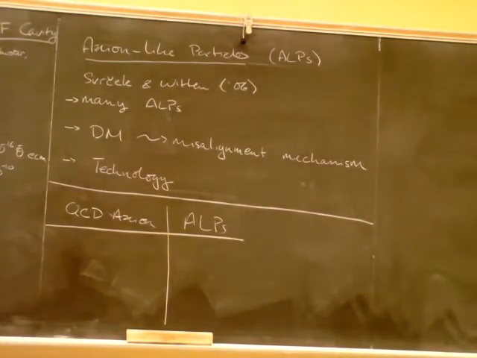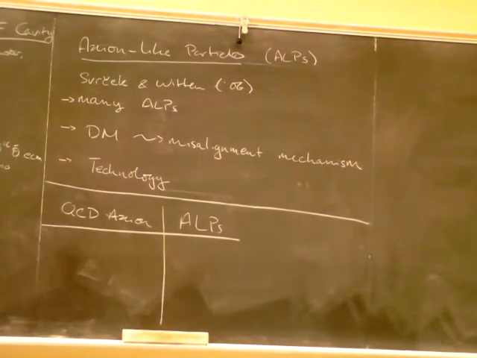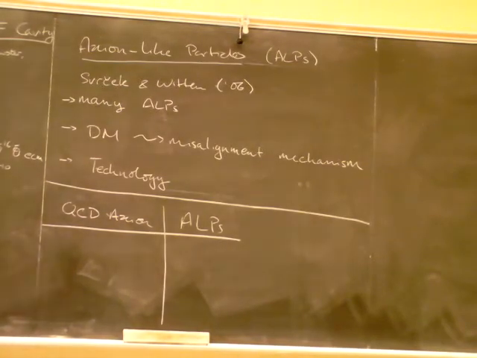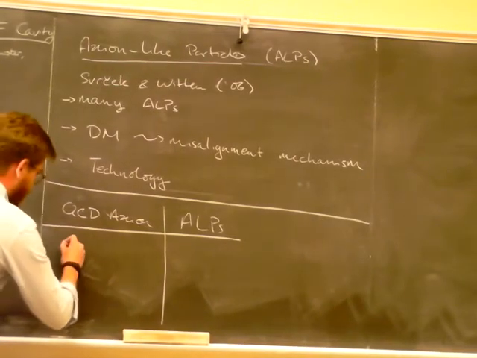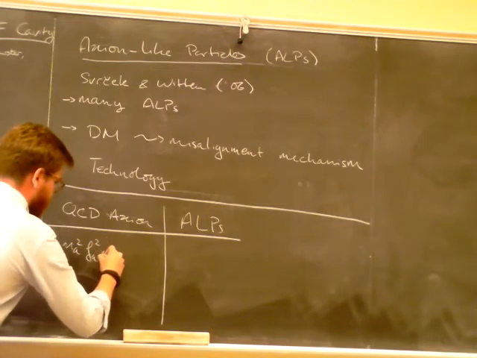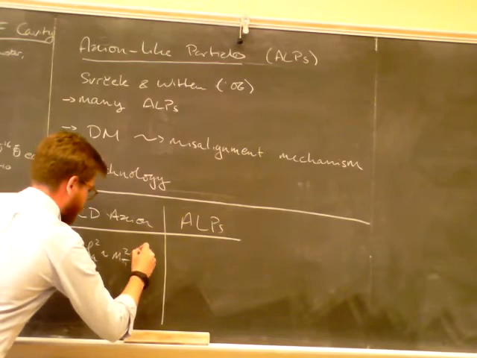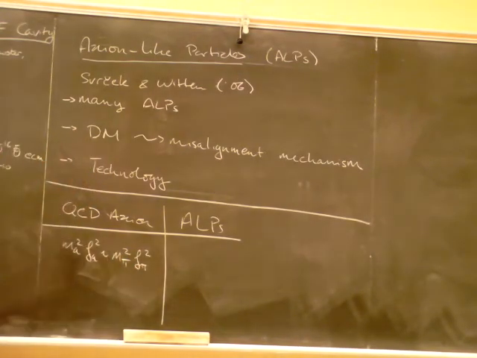The first thing, as you very thankfully pointed out, is the masses of these two particles. In the case of the QCD axion, because you require this particle to actually solve a particular problem of your theory, it has to be related to the fundamental aspects of said theory. And indeed, there is a relation between the axion mass, its decay constant, and the QCD scale, which is roughly this one here.